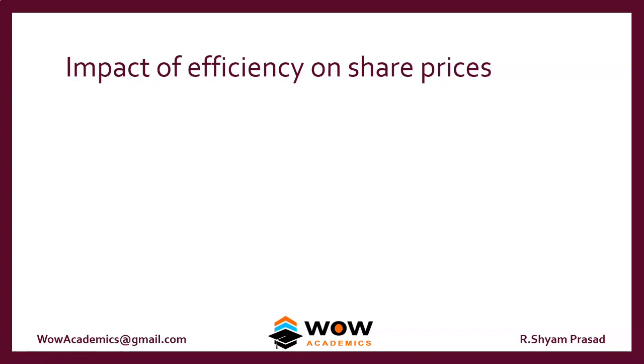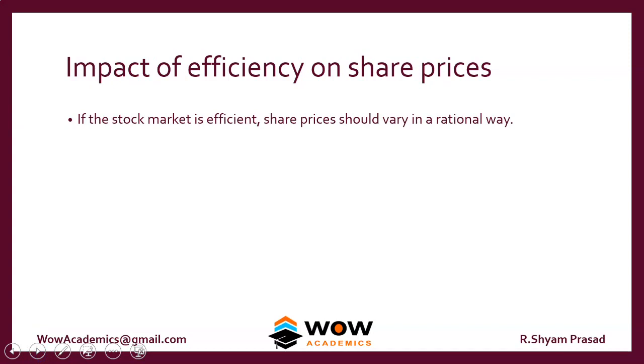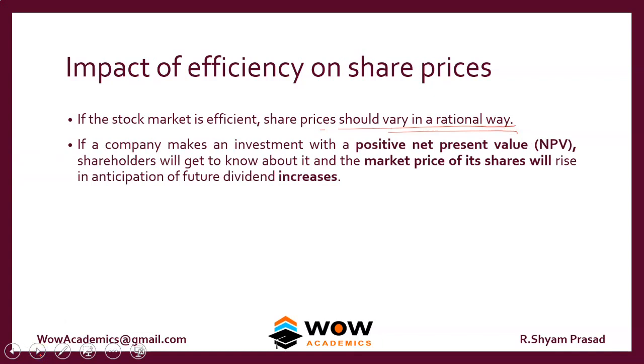So we'll see the impact of efficiency on share prices. If the stock market is efficient, share prices should vary in a rational way. If a company makes an investment with net positive NPV, then the market will understand that it's really good for the shareholders, and the share price will increase.